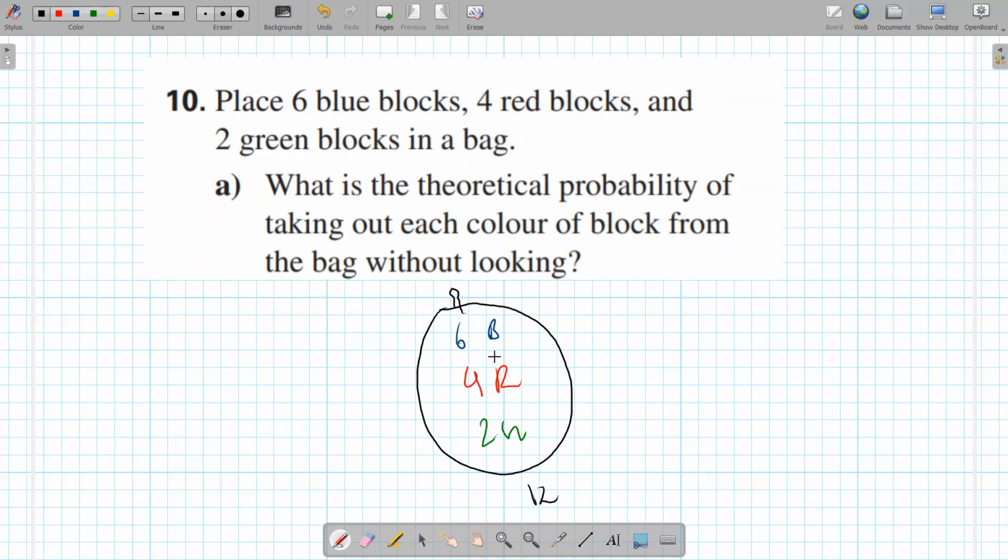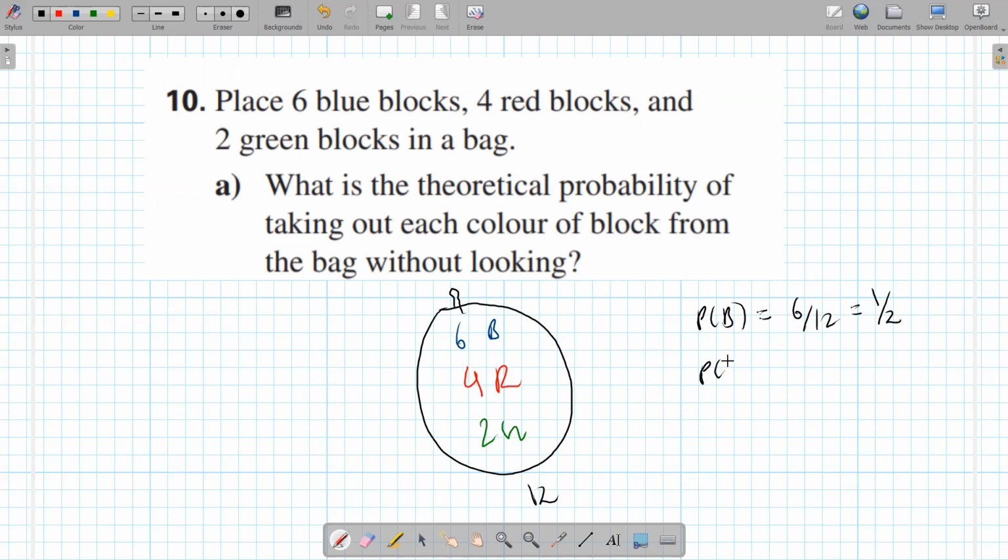So what's the probability that you pluck out a blue marble or block? 6 out of 12. Good. So what does that reduce to? 1/6. 1/2, not 1/6.